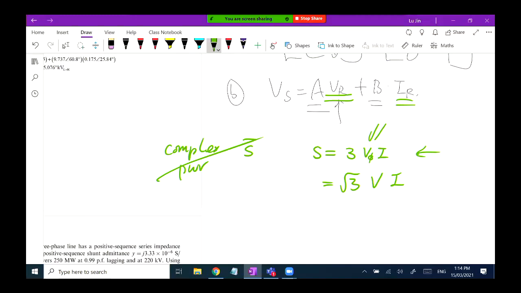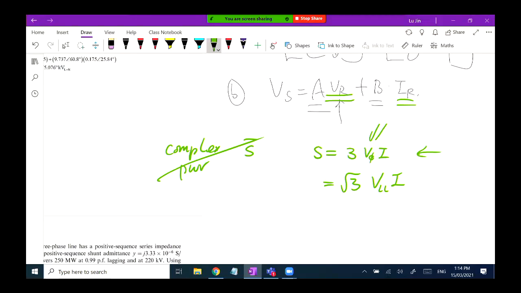But here I'm using Vφ. For the next formula, we should use the line-to-line voltage. For the current, do we need to distinguish whether it is phase current or line current? It doesn't matter, because we are assuming the connection pattern is Y. So phase current and line current are the same.